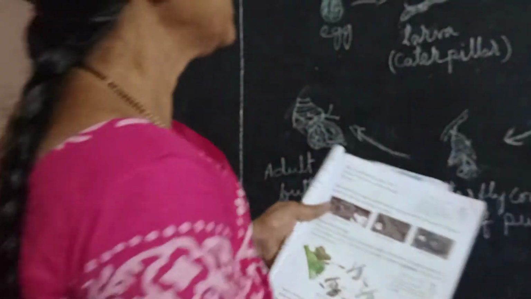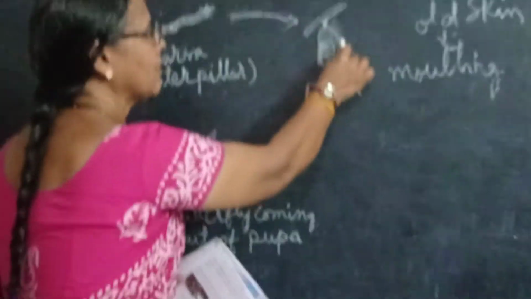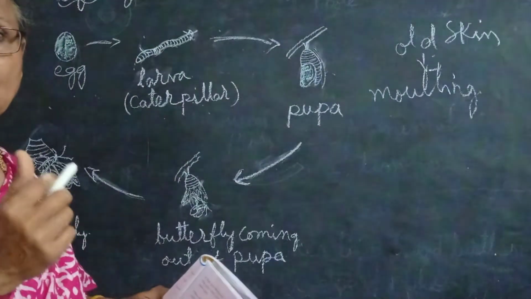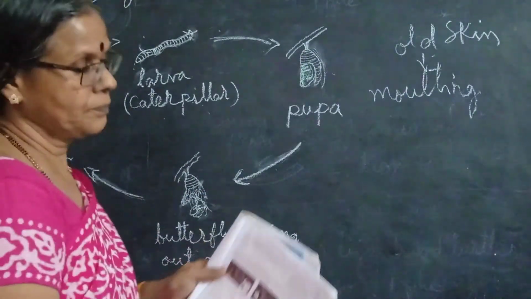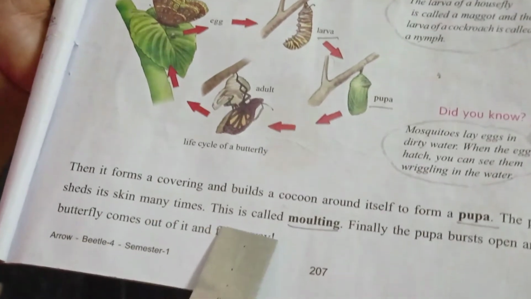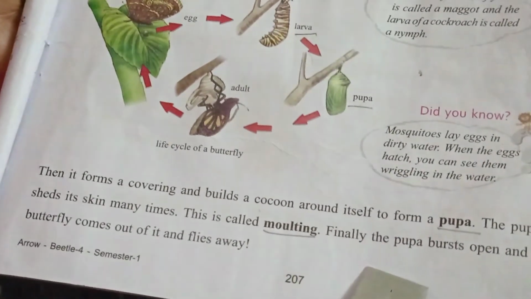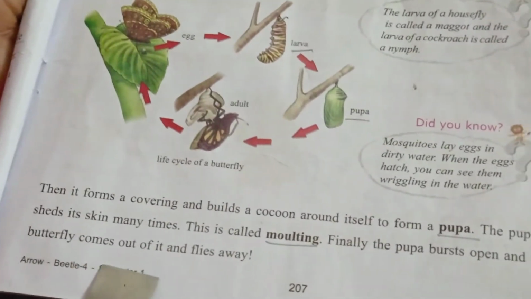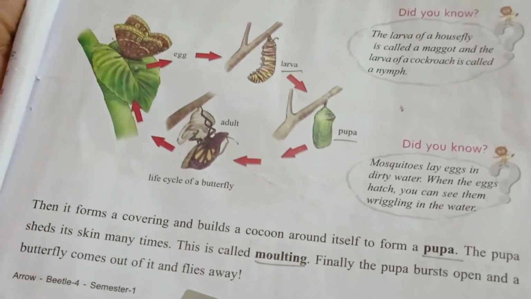Whatever they cover around the body, that part is called a cocoon, and around itself it forms a pupa. The pupa sheds its skin many times. This is called molting. Finally, the pupa bursts open and a butterfly comes out of it and flies away.